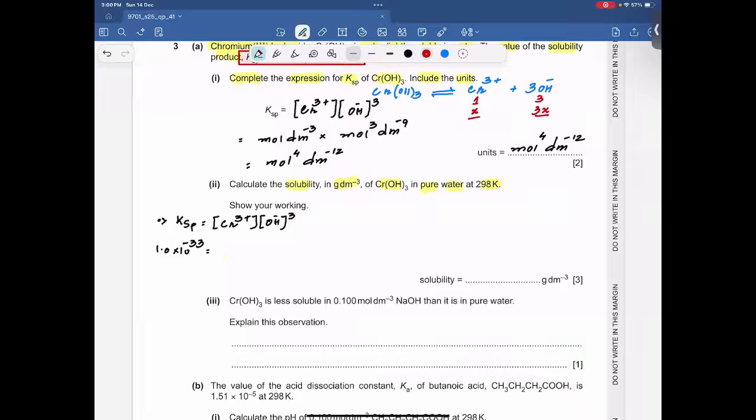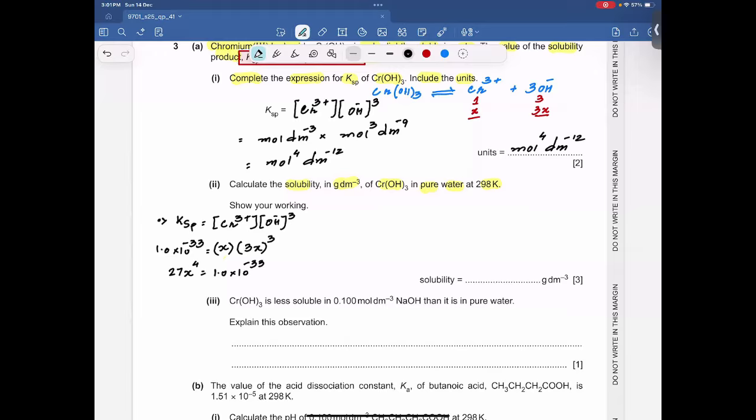Let me put this X and 3X in the relevant expression. So this is X for chromium ions and this is 3X for hydroxide ions. Since hydroxide has 3 moles, it has to be in the power. So this is going to be 27X^4 equals to 1.0 into 10 to the power minus 33.